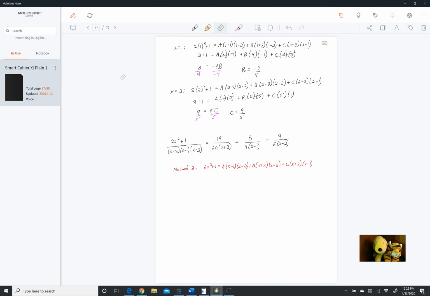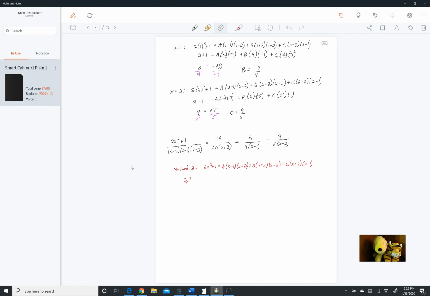There's a lot more algebra here because our first step is to multiply all of this out, okay? So here it's not just distributing the a to one thing, it's taking the x minus 1 and x minus 2, multiplying it, and then distributing the a. Taking x plus 3 times x minus 2, multiplying it, and then distributing the b. X plus 3 times x minus 1, multiply, and then distribute the c. So it's extra work here because you're doing a lot more multiplication. So let's actually do that.